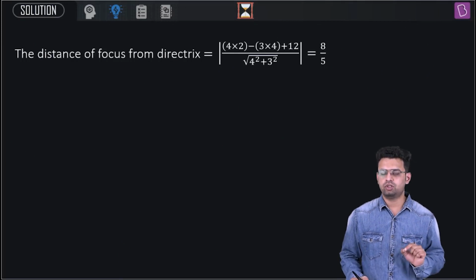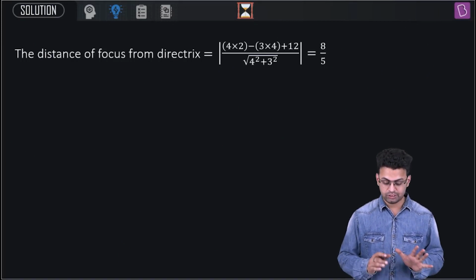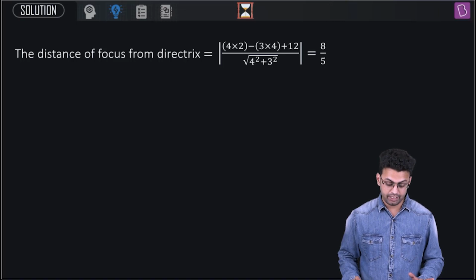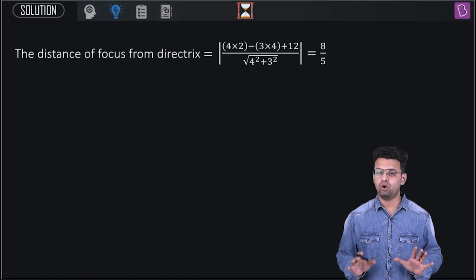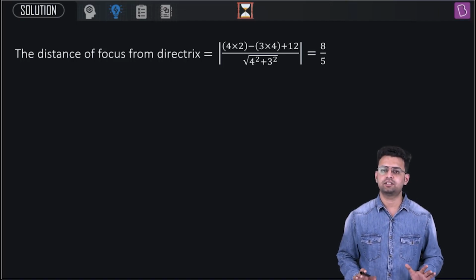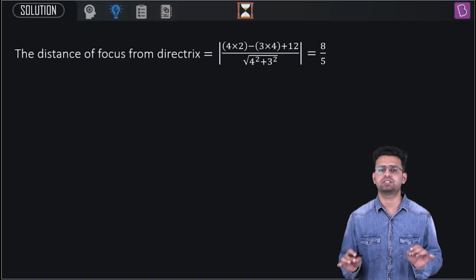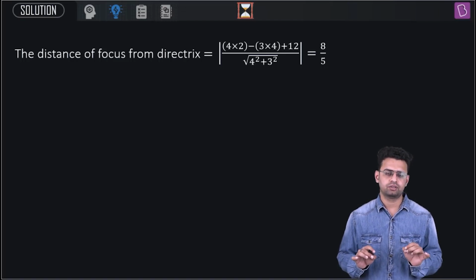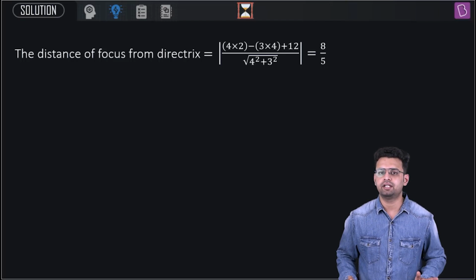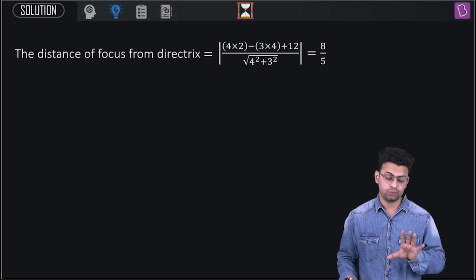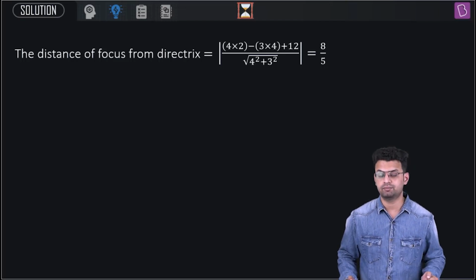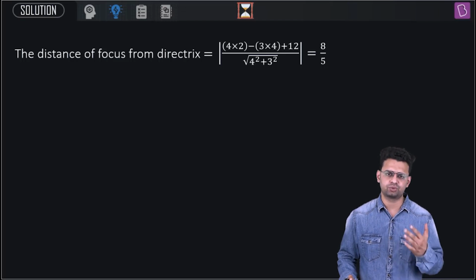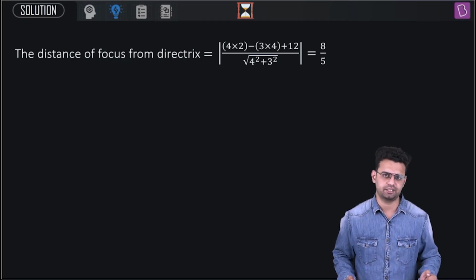Cool. So the distance of the focus from the directrix is 8 by 5, and you all know that once the distance of the focus from the directrix is known, it's no longer a big deal to calculate the length of the latus rectum. The length of the latus rectum is 2 times that distance.